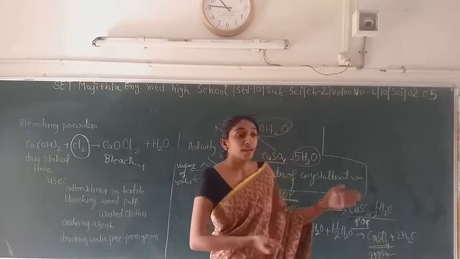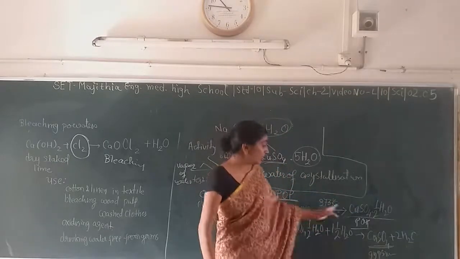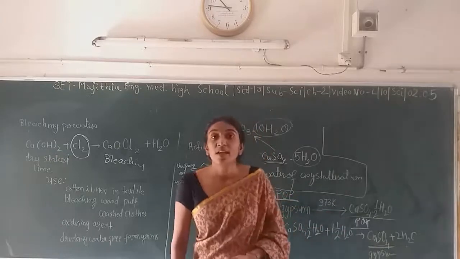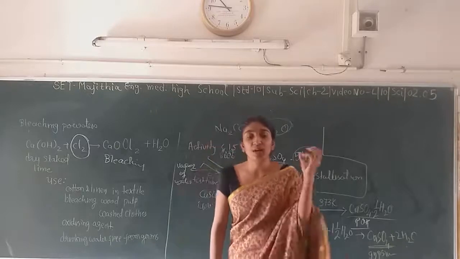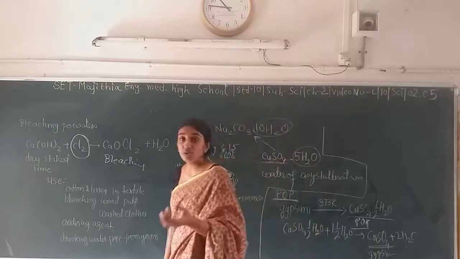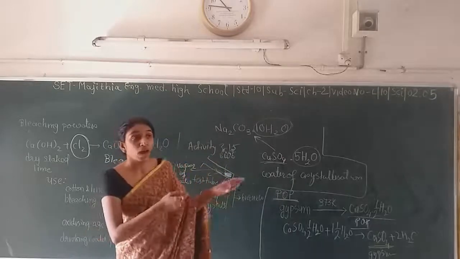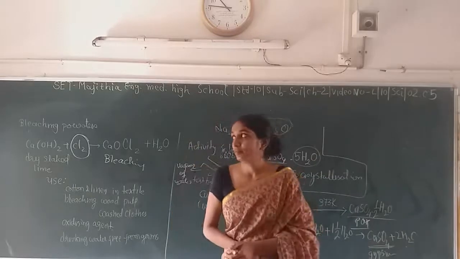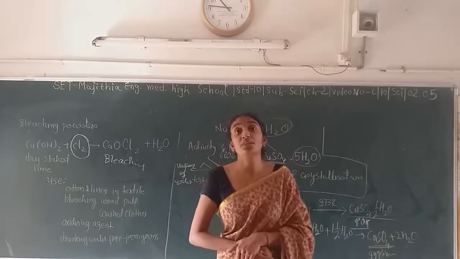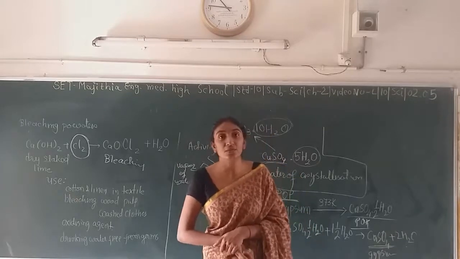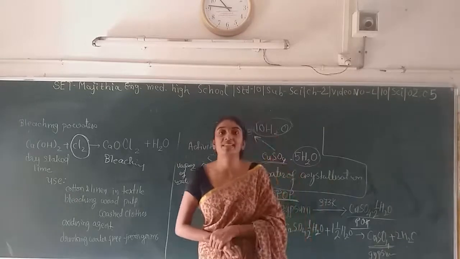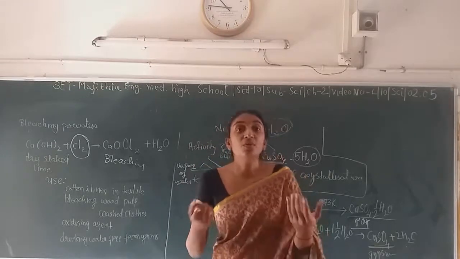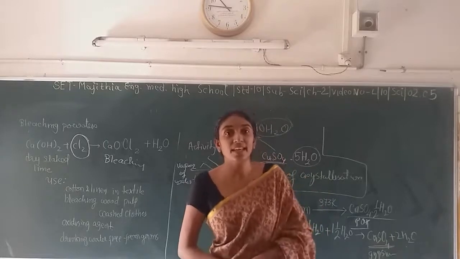Gypsum gets converted into POP, and POP again gets converted into gypsum. During festivals like Ganesh Chaturthi, people dump these idols of Ganesha into the ocean or river, and that harms aquatic life, whether animals or plants. So we should not use POP material, or we should use as little as we can.